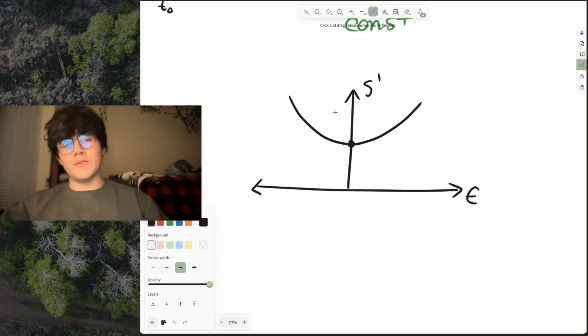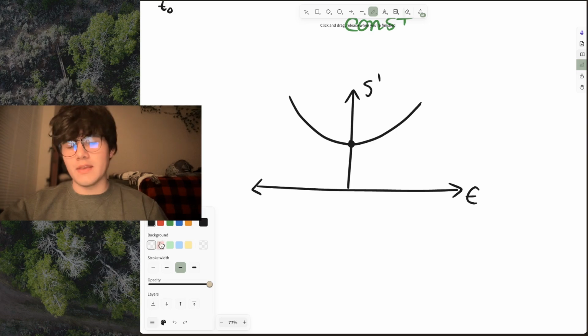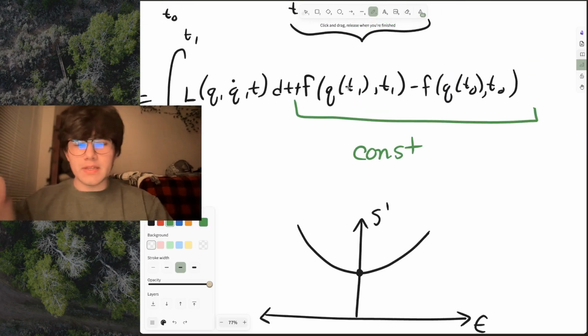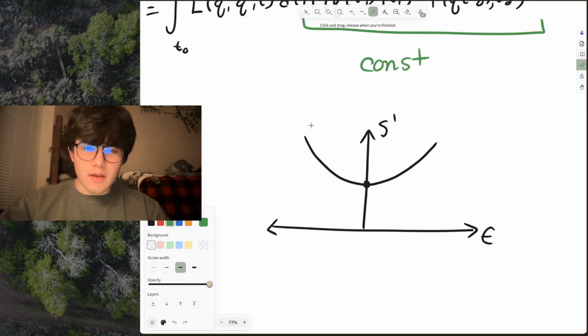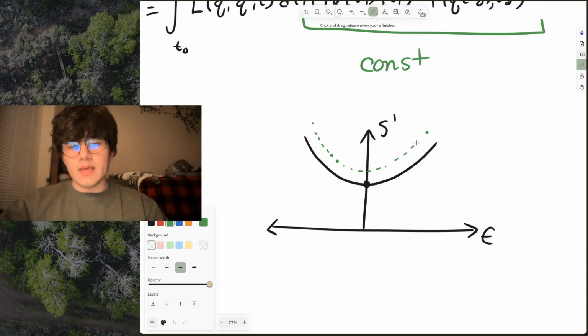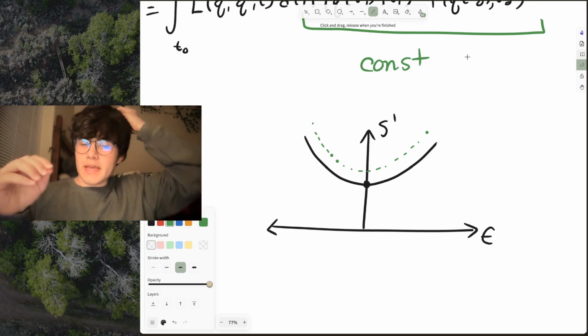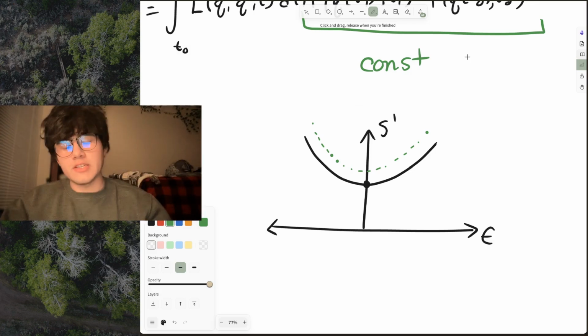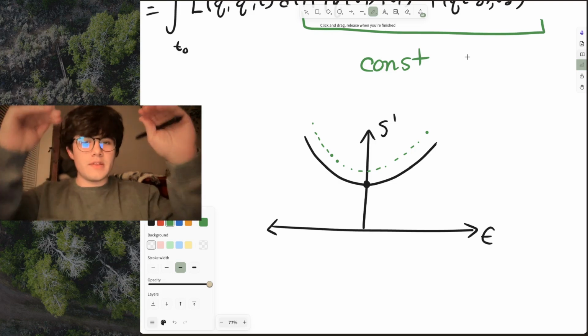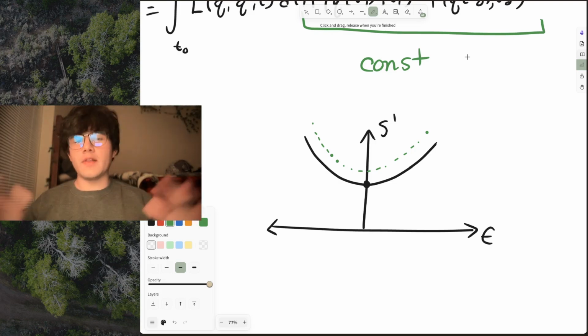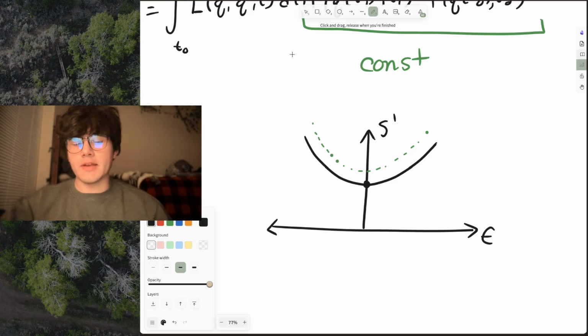And we go on to use this to derive the Euler-Lagrange equations. But now that we're shifting this S prime by some constant, we'll have something kind of like this. And what's interesting is that when we actually start going through the calculus of variations, a constant shift of the Lagrangian will just fall off when we start doing variational calculus.